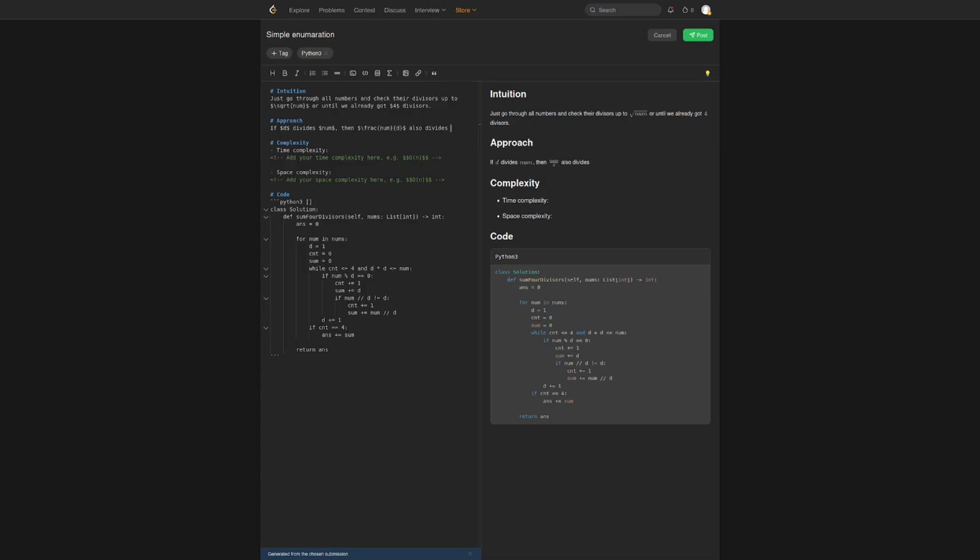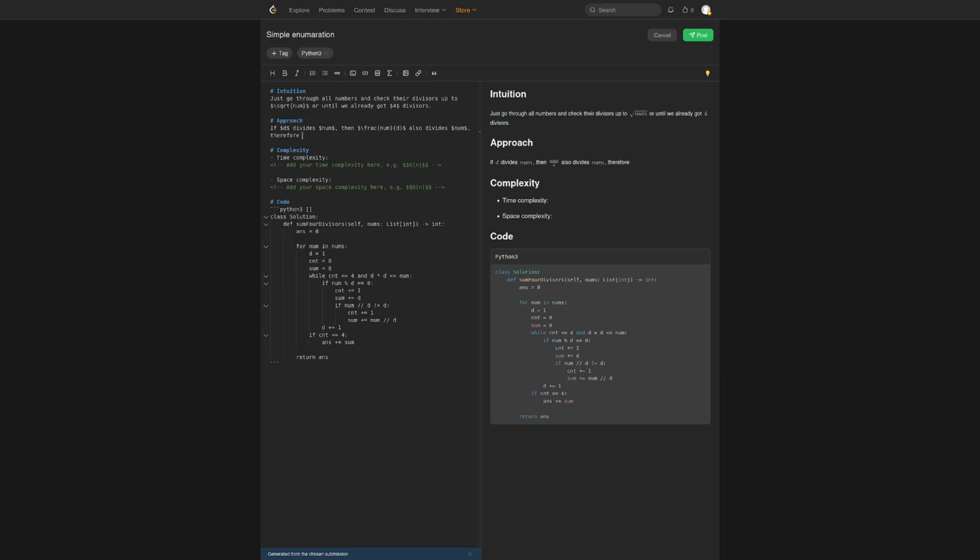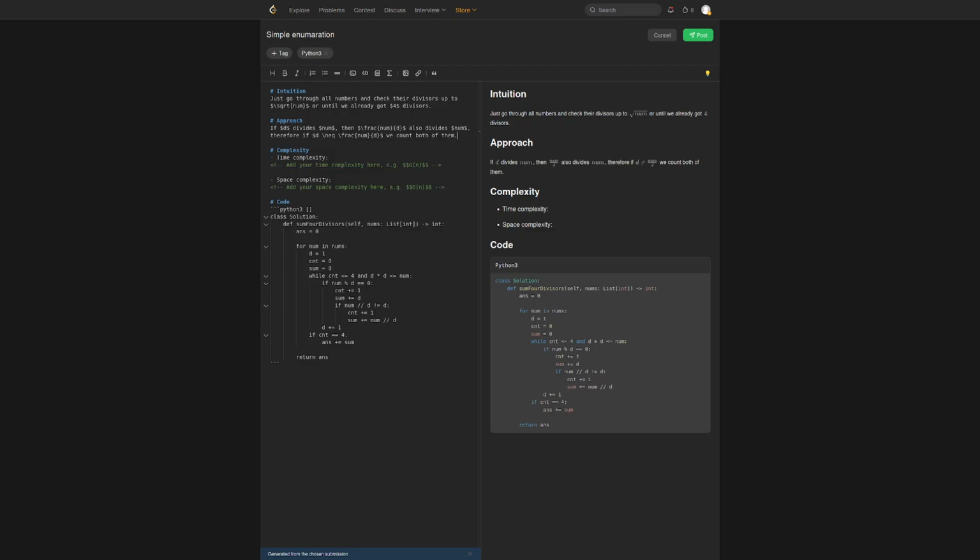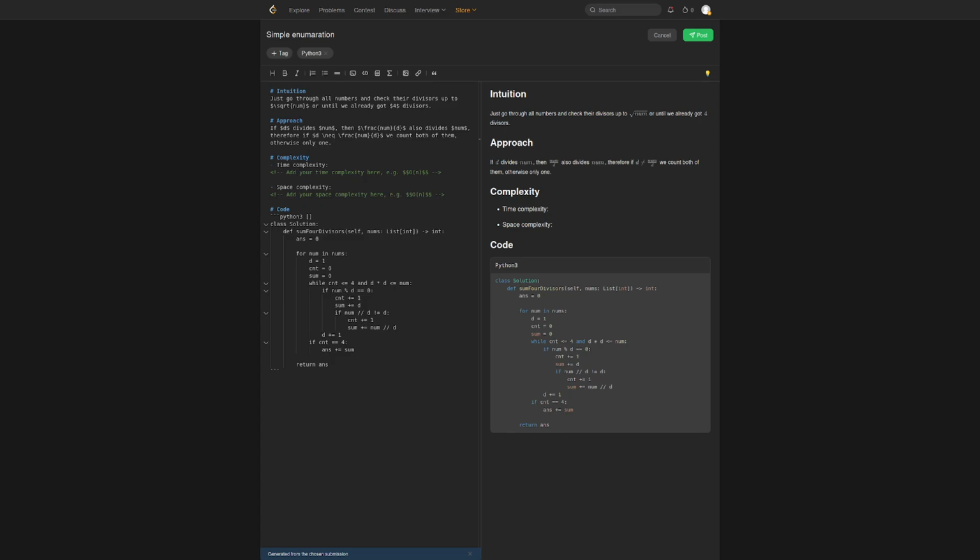It also divides num, therefore if D and num divided by D are different, we count both of them, otherwise only one.